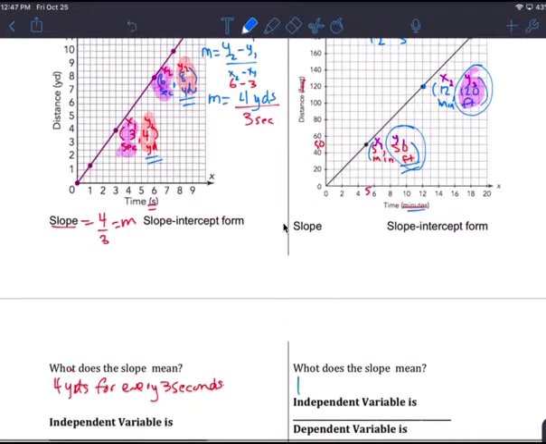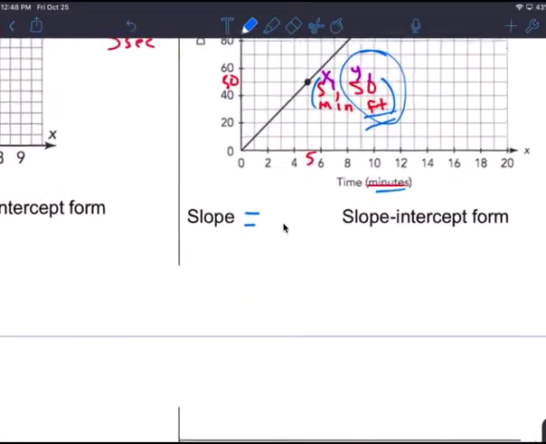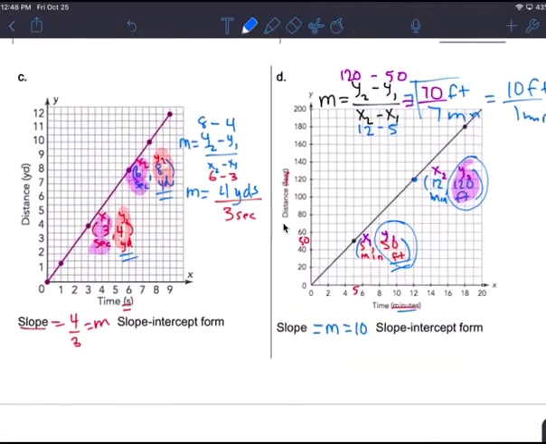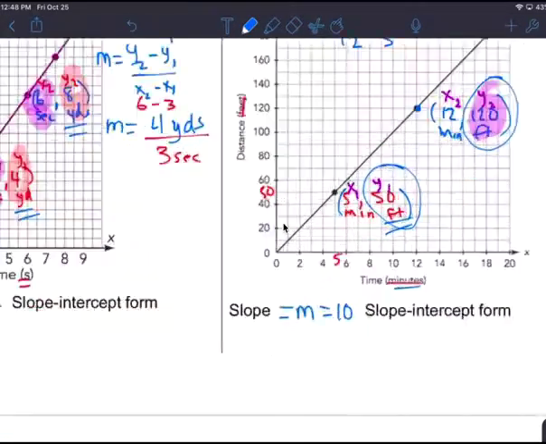Okay, 10 feet for every 1 minute. Okay, that's your slope. Slope m is 10 feet for every 1 minute, or just 10. Same thing as this, 10 feet every 1 minute.